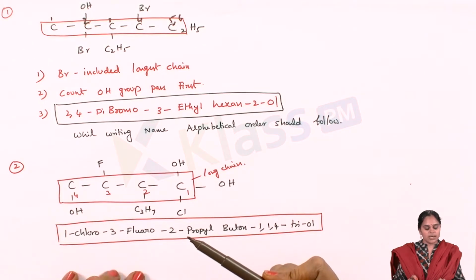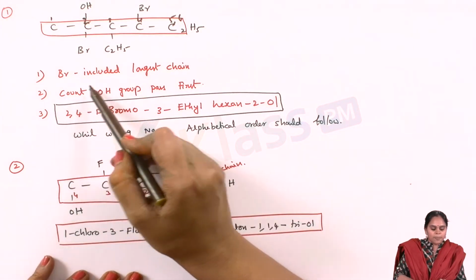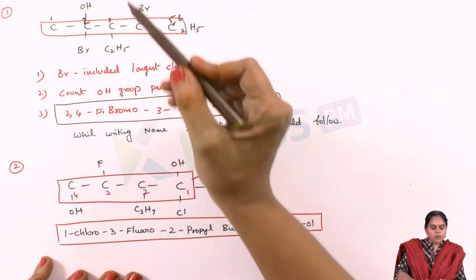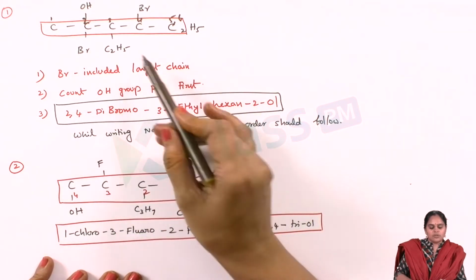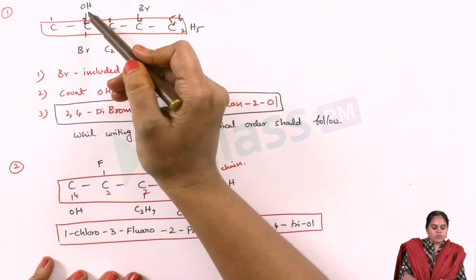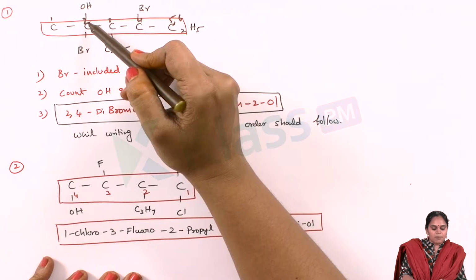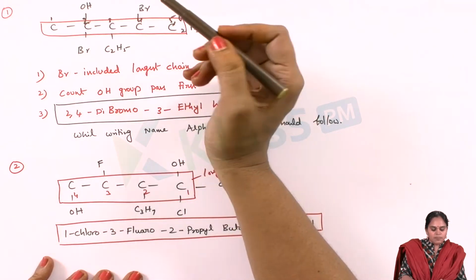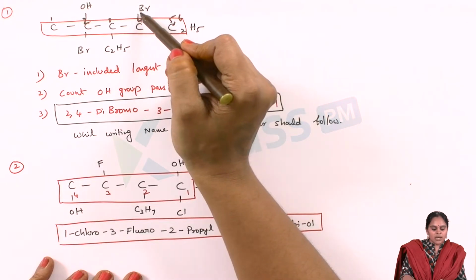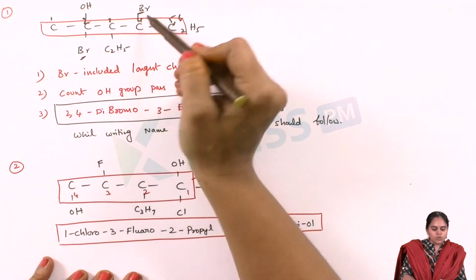We have to remember that word hexa. Then bromine is included in the longest chain. So bromine is also included, the alcohol group is also added, everything is added. So this is the longest chain we found. Count the OH group first. So the OH group is given priority, so we give the numbering with this one. See here 2 and 4. Then, giving the naming, you have to see the alphabetical order. So bromine will come first. So 2 bromines are there.